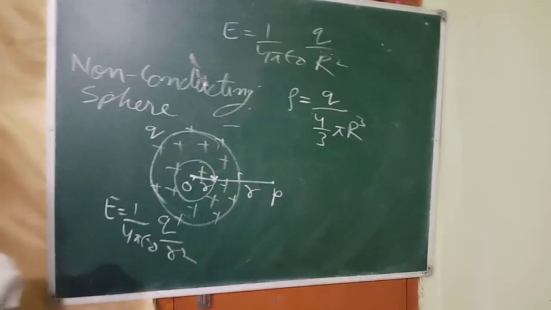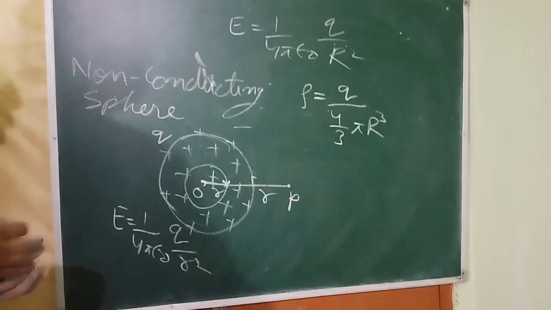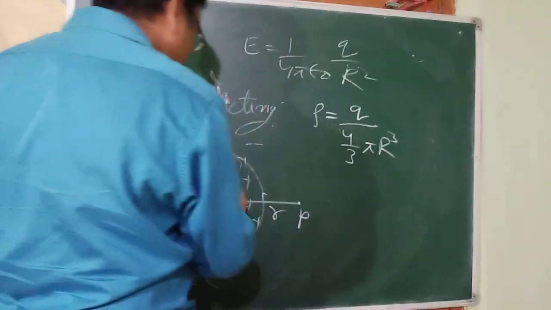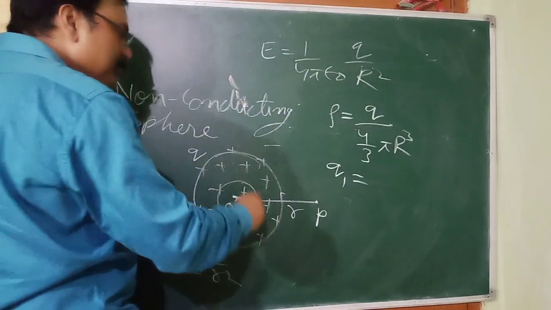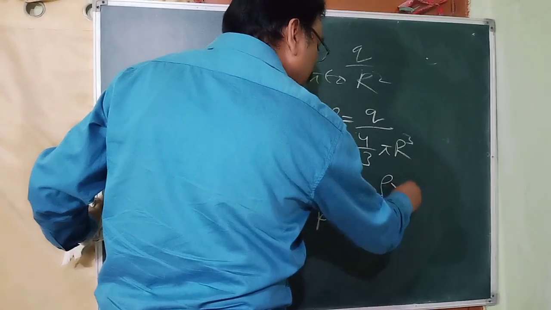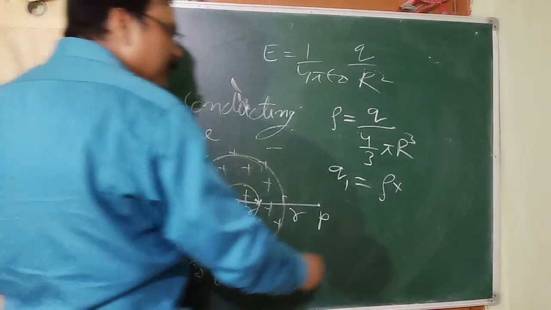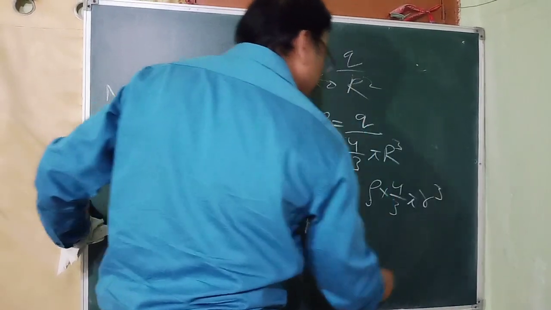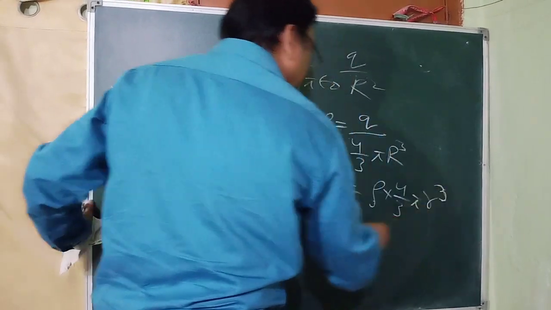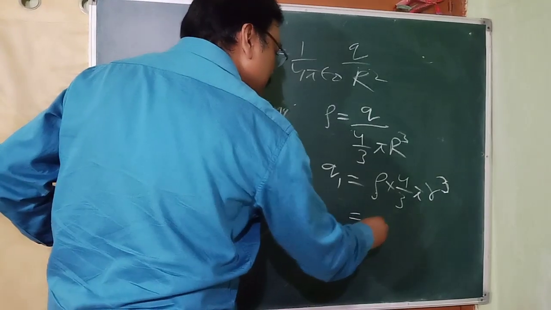Now, how much charge is this enclosing? Suppose the enclosed charge, we are taking it as Q1. The charge enclosed by this is rho into the volume of this. Volume of this is how much? 4 by 3 pi small r cube. Now we can keep the value of rho over here. So what you will get?